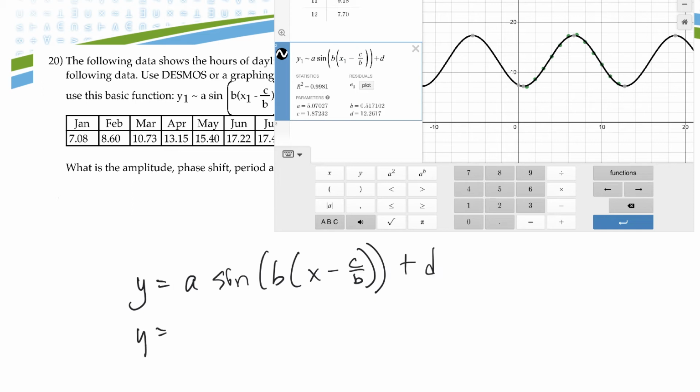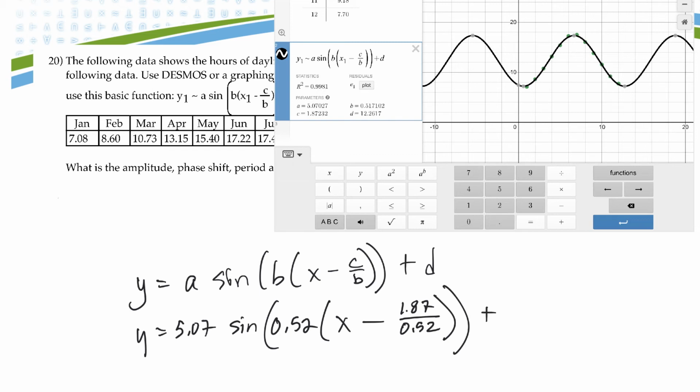A, they say, is 5.07, sine bracket. B is 0.52, let's call it, bracket. X minus C is 1.87 over 0.52, that's C, plus, and the D value is 12.26.